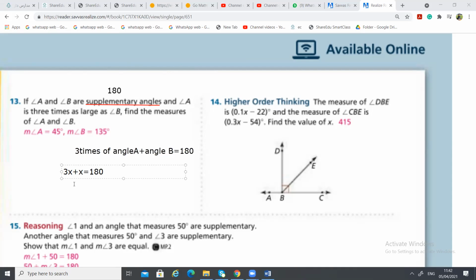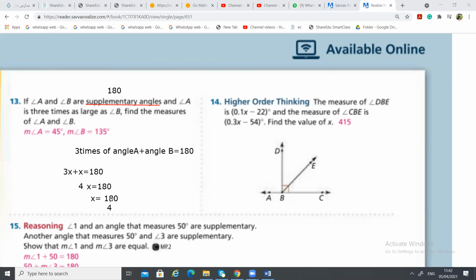So you get 4x equal to 180, because let the angle be x, 3 times of that is 3x, 3x plus x is 4x. You know that there is nothing here, that means 1, and 1 plus 3 is 4. They are brothers and sisters, x and x are the same, I can just add them. 4x equals 180. If I want to find x, 4 will go down, x equals 180 over 4.